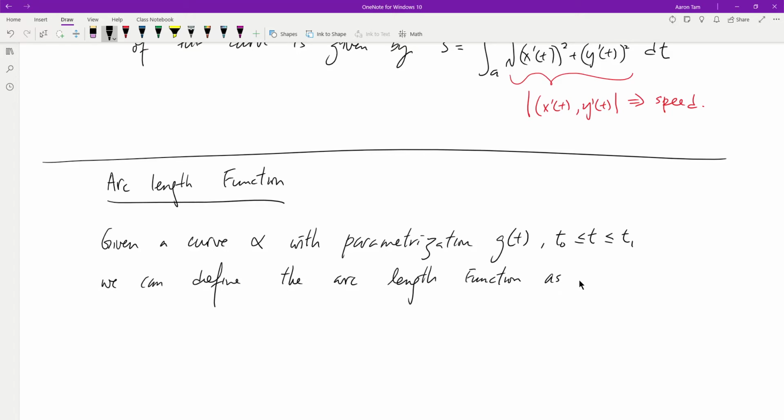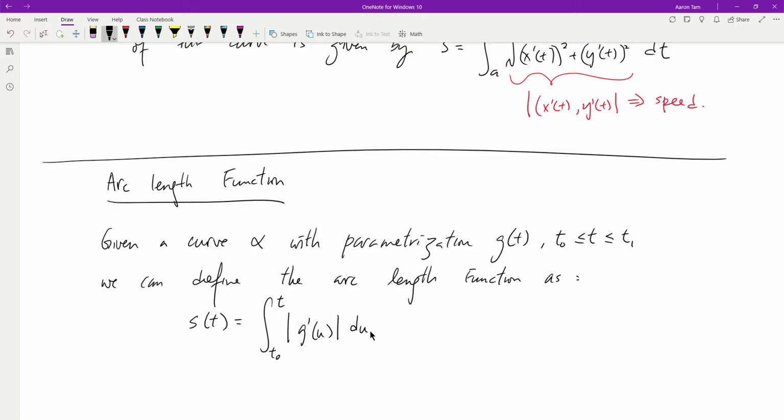As follows. We're going to define the function s of t, which is equal to the integral from t sub 0 to t of the length of the velocity vector, which is g prime. Actually, I'm going to change this variable to a different variable because I don't want it confused with t.